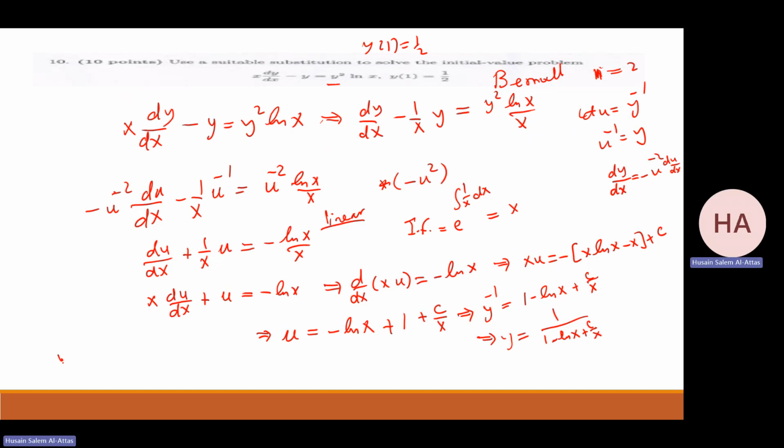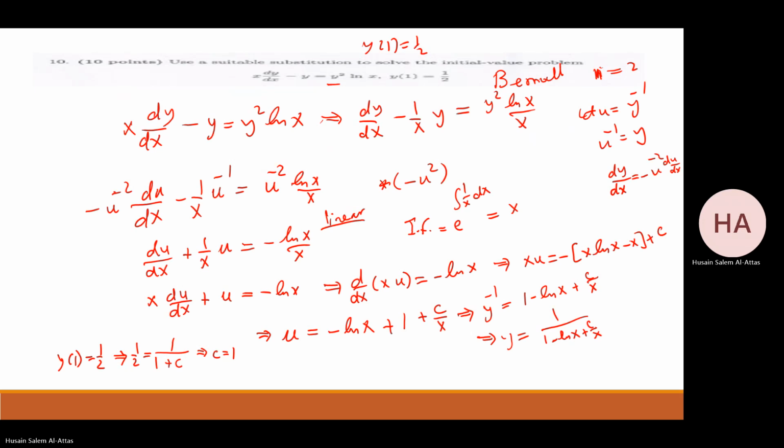Y at 1 equals half. That gives me what? Half equals 1 over 1 minus ln 1, which is 0, plus c. So that means c equals 1. So my answer is y equals 1 over 1 minus ln x plus 1 over x.